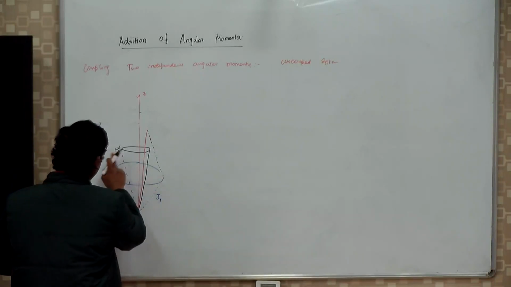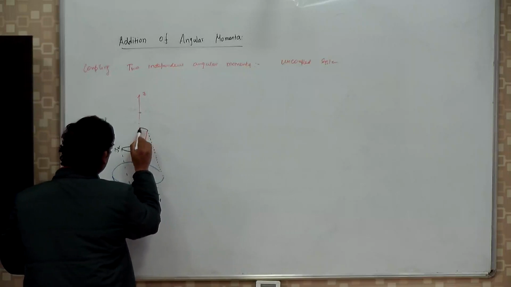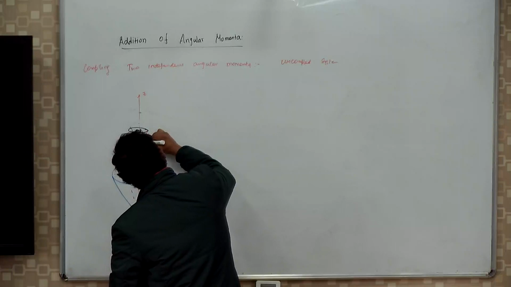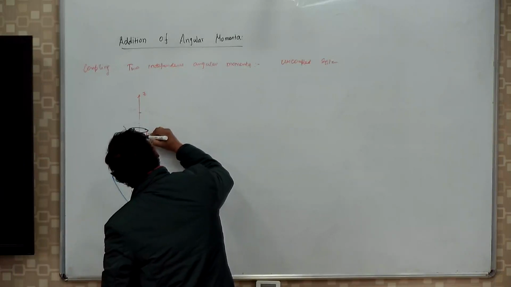The addition of J1 and J2 may also precess along the z direction; this is J1 plus J2.